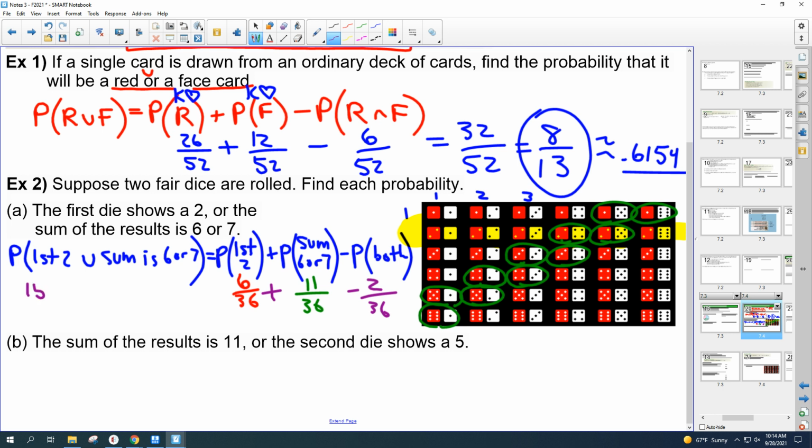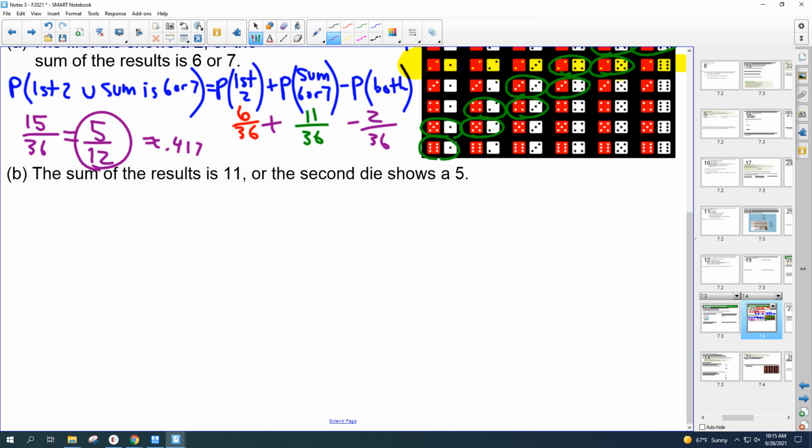That answer is going to be 15 over 36, whatever that reduces to. What does that reduce to? 5/12 is probably the best answer. I've got here that's about 0.417. Questions?